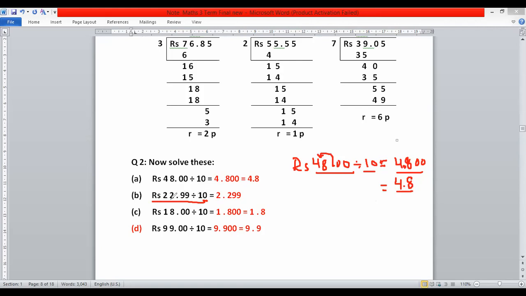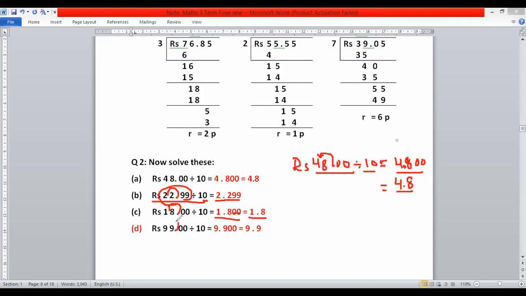When we divide Rs 22.99 by 10, the digits remain the same, we copy this number and just shift this point here. So we will write 2.299. Here one digit here, 1.800 means 1.8. After the decimal point, no value of 0.